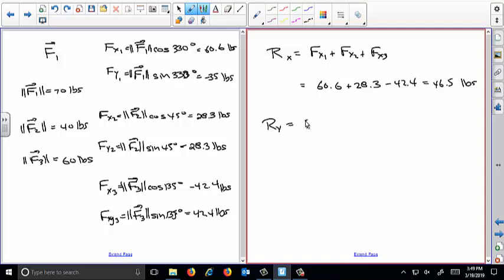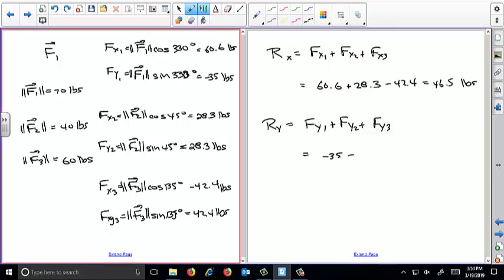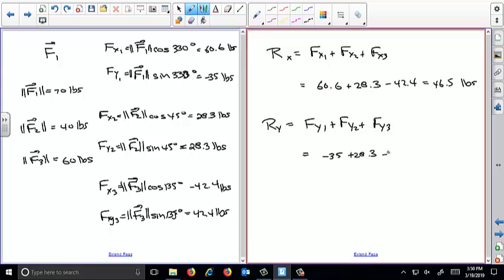Then you take the y component. So you take F sub y1 plus F sub y2 plus F sub y3. So we go through here, you've got negative 35, minus, this is negative or positive? That's positive. So plus 28.3 plus 42.4. So I'm just taking these three numbers.